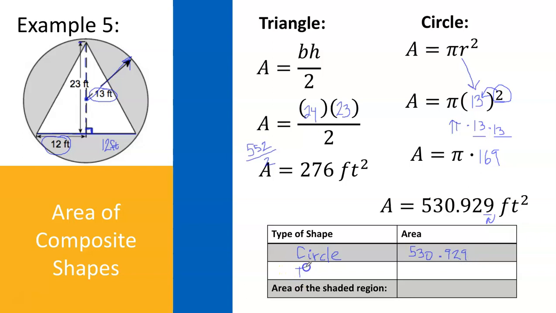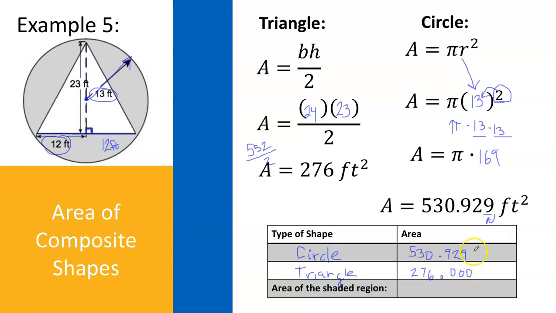Then I will record the area of a triangle. We found the area of the triangle to be 276 feet. I'm going to line it up as if I was going to do this without a calculator so that you remember that when you're adding and subtracting with decimals, you have to line up the decimals. That's why I had to add 3 zeros.